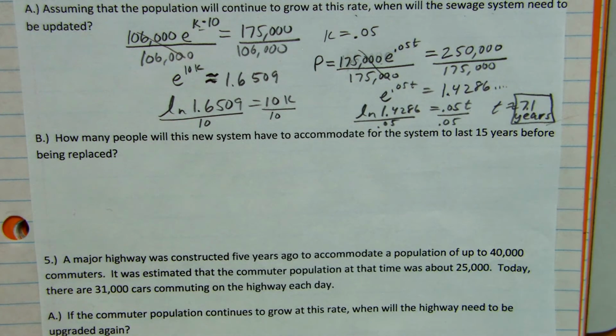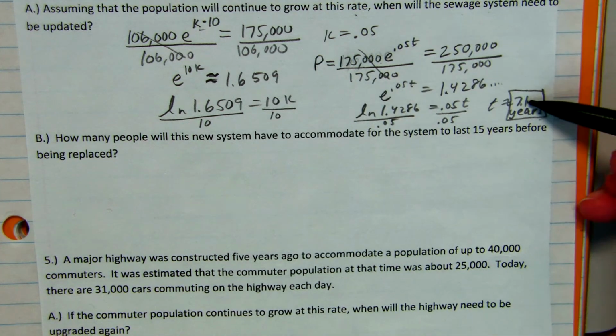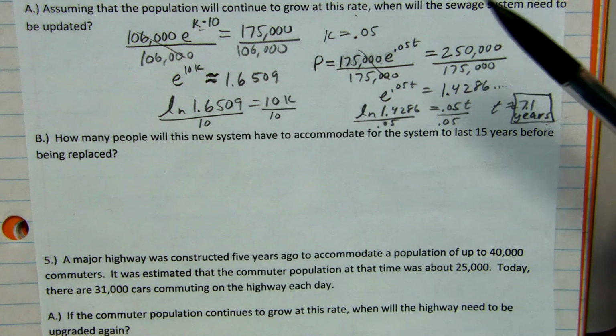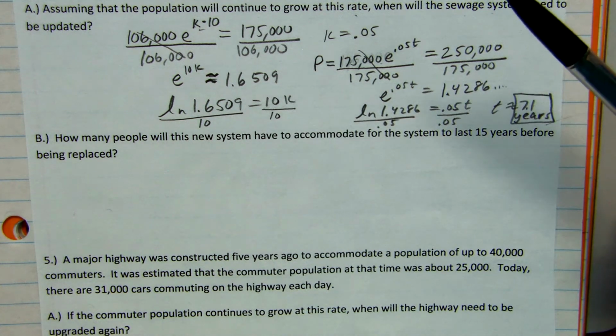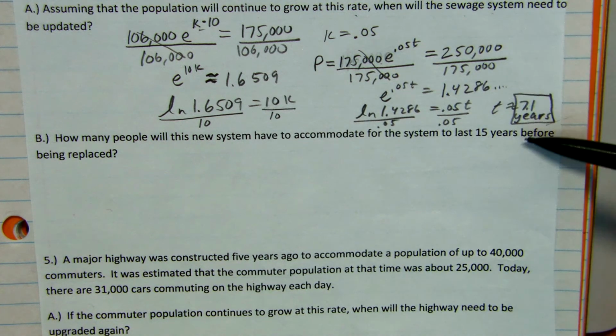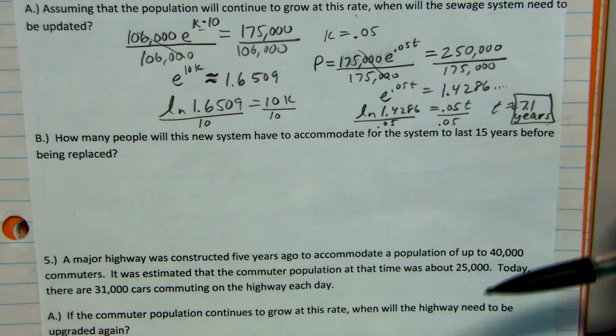All right, B says, how many people will this new system have to accommodate for the system to last 15 years before being replaced? So after we've replaced it, they're trying to figure out how many people this will accommodate for it to last 15 years.